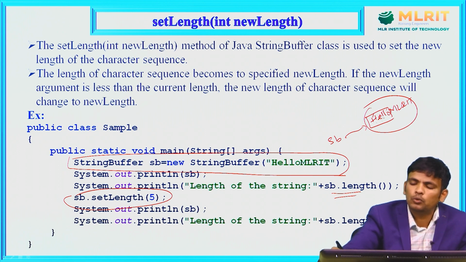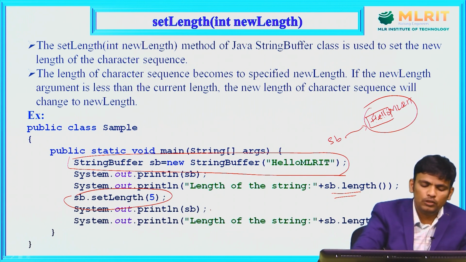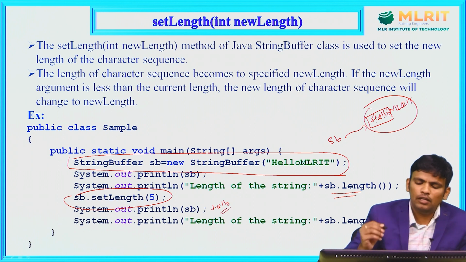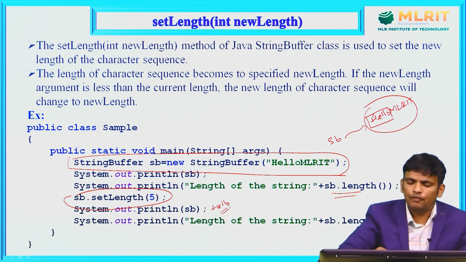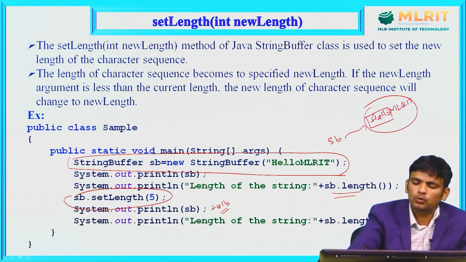Total 1, 2, 3, 4, 5. So here it will print only hello. If you print the length of the string, here it will be 5, and before that, counting 1, 2, 3, 4, 5, 6, 7, 8, 9, 10, it will print 10.